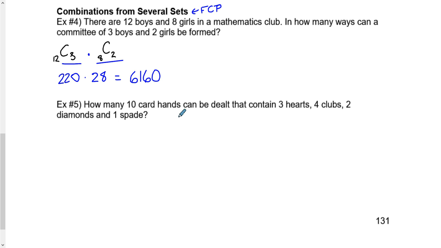But anyway, a 10-card hand has to be dealt that contains 3 hearts, 4 clubs, 2 diamonds, and 1 spade. Well, the question is, how many hearts are there? How many clubs are there?